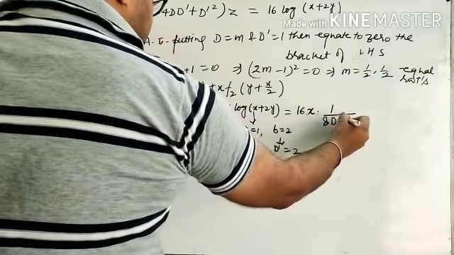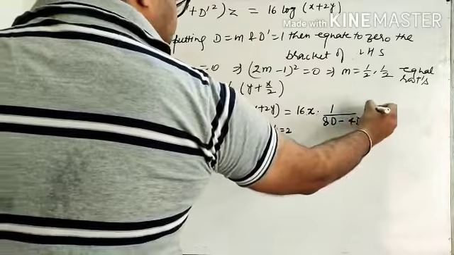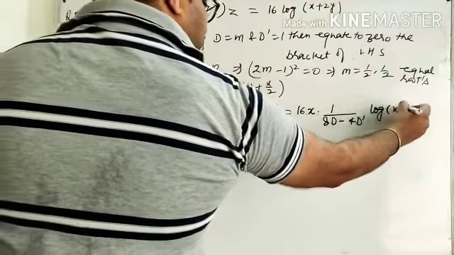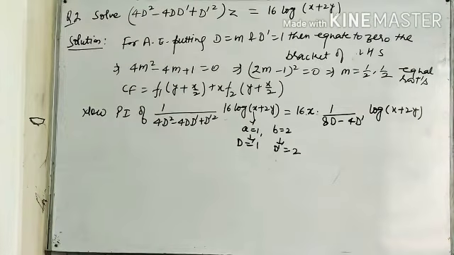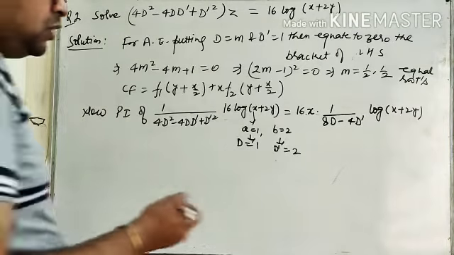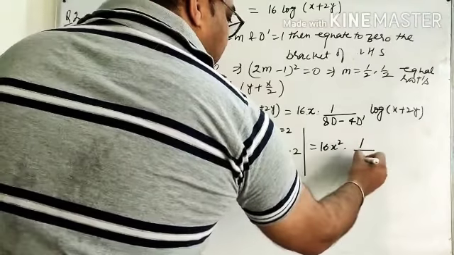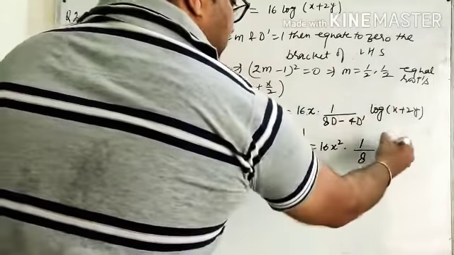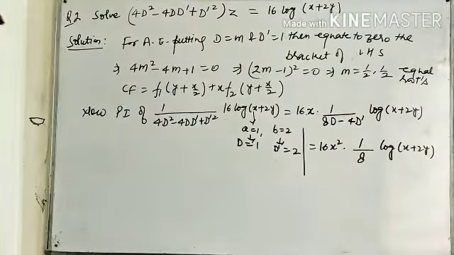So 8D minus 4D dash, log(x plus 2y). Now again put D equals 1 and D dash equals 2, and it becomes 0. So again multiply by x and differentiate with respect to D, and the function log(x plus 2y) remains as it is.